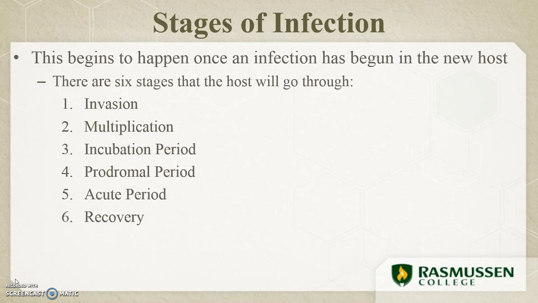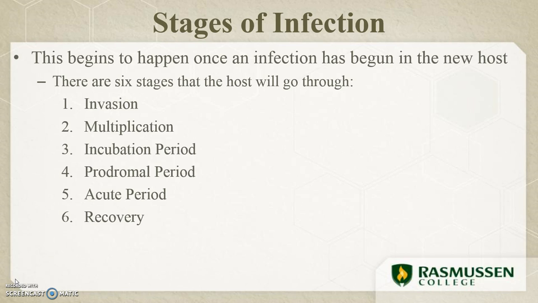Now, once you actually have that infection, what we go through is called the stages of an infection. There are 6 specific stages in total. First one is invasion, where the pathogen enters the body through the portal of entry.